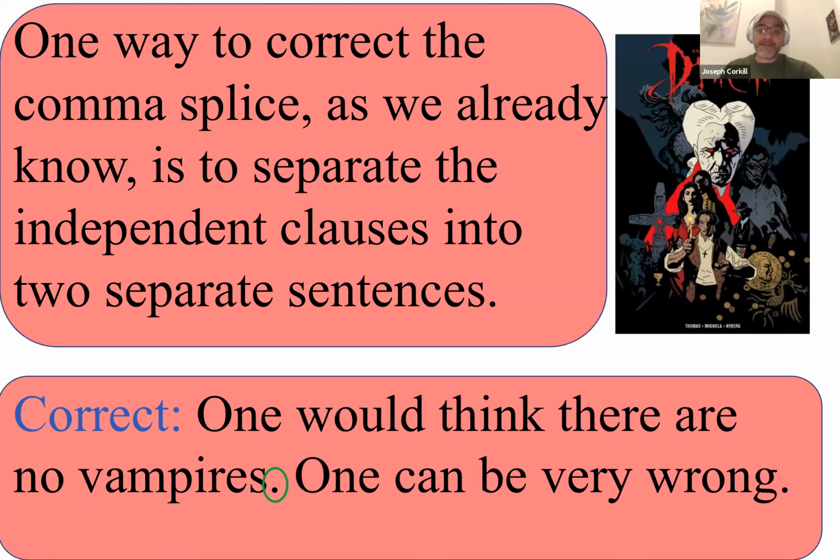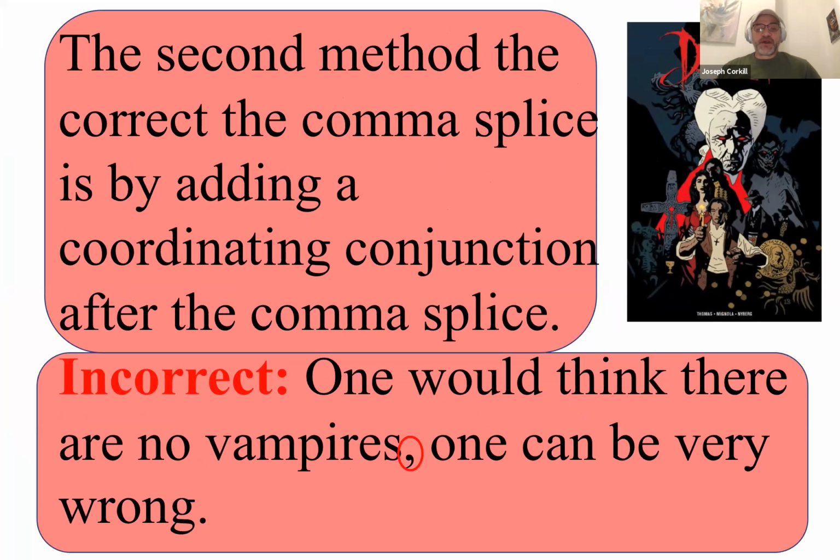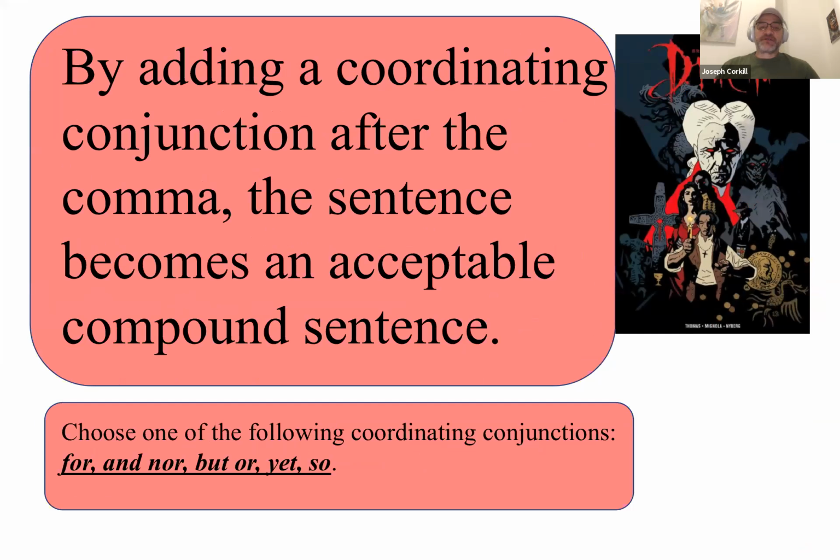The second method of correcting a comma splice that we did was adding a coordinating conjunction after the comma. For example, we took an incorrect sentence: One would think there are no vampires, comma. One can be very wrong. Of course, it's a comma splice right there, circled. By adding a coordinating conjunction after the comma, the sentence becomes an acceptable compound sentence.